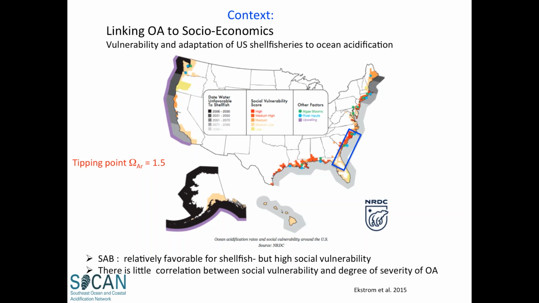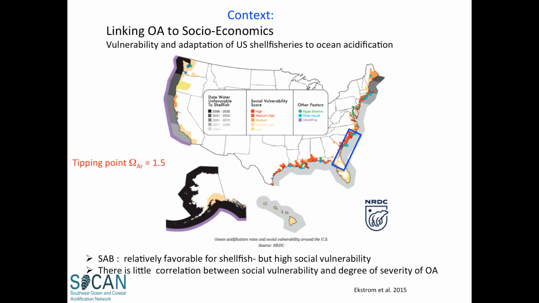I have highlighted the South Atlantic Bight region, and what you can see is that, based on this analysis, the threat of ocean acidification to the South Atlantic Bight is fairly low, indicated by the gray area, but the social impact or vulnerability is really high. So this is an interesting issue.